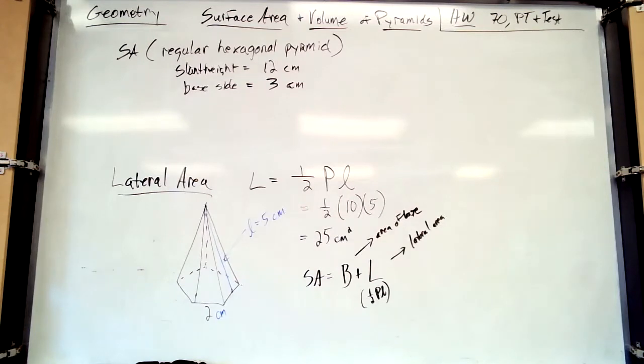What's that say? What's the big L? Lateral area. The lateral area is right up above it. That's how you calculate. What's the P stand for? What do you think? Perimeter? Yeah.